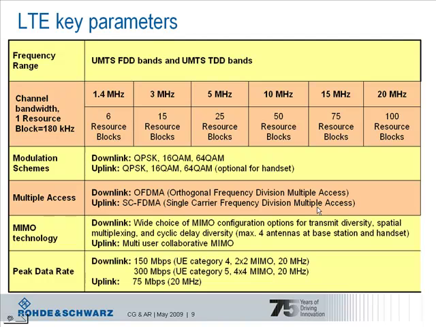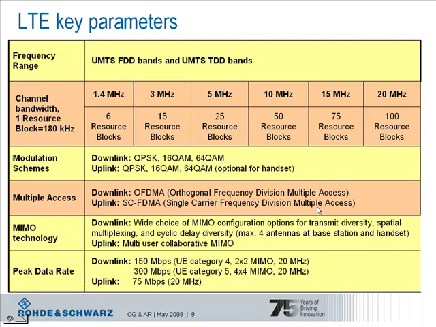For example, there's transmit diversity, spatial multiplexing, cyclic delay diversity, and we can have a maximum of 4 antennas at the base station, which is defined in the standards, and also a maximum of 4 receive antennas at the handset, which is of course quite challenging. In the uplink, a multi-user collaborative MIMO is supported, so several users can share the same resource block assignment. We will see a detailed introduction to MIMO at a later part.